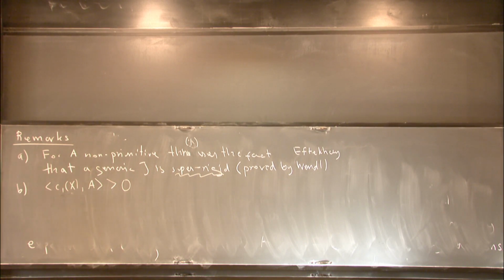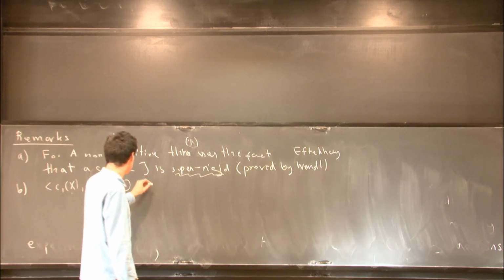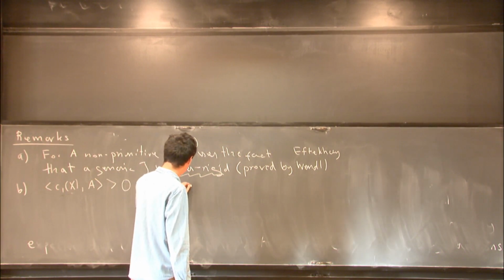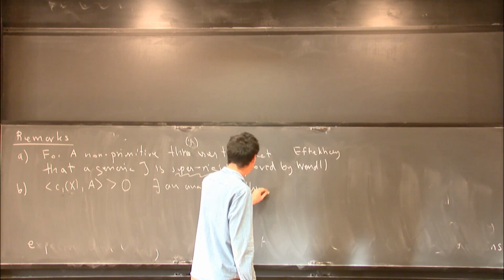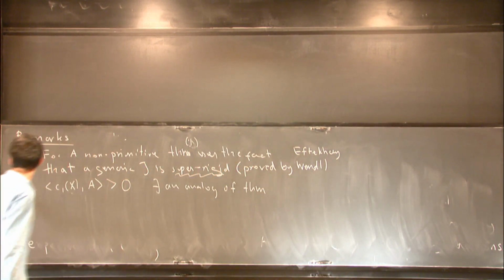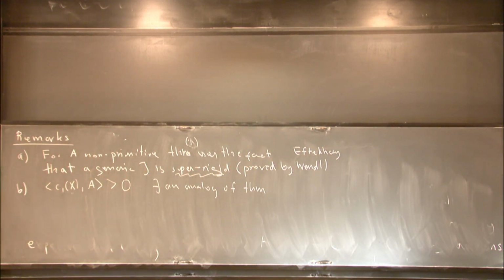You can do that, and there exists an analog of the theorem in this case. Then you don't have to assume anything primitive because you can rule out multiple covers for index reasons. So this case is much easier than the Calabi-Yau case. There is an analog of the theorem, but since it's easier, I won't be stating it.